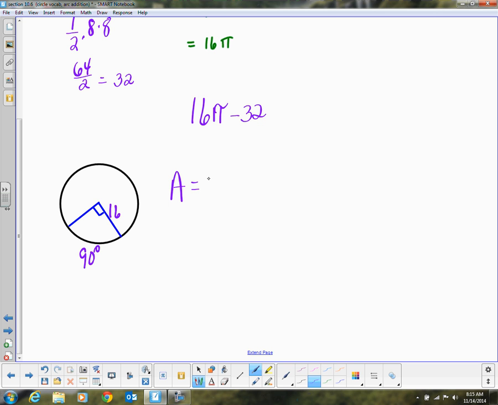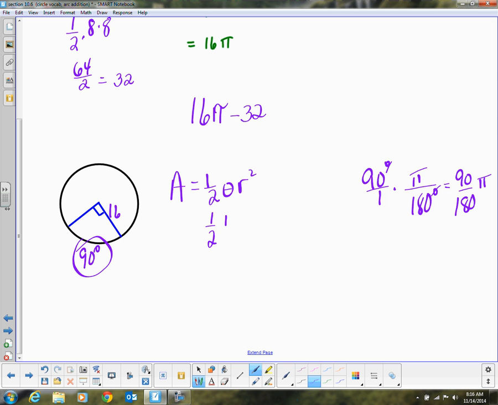Formula. R squared. And what do you have to do to 90? And we're going to get 90 over 180 pi, which is 1/2. So I've got 1/2 pi. What's our R?